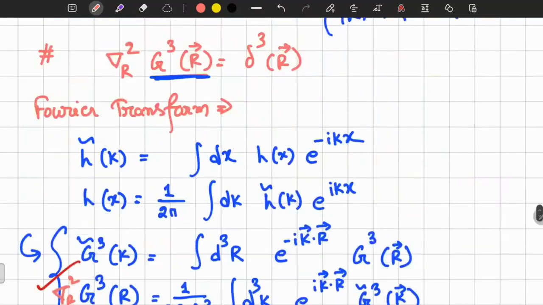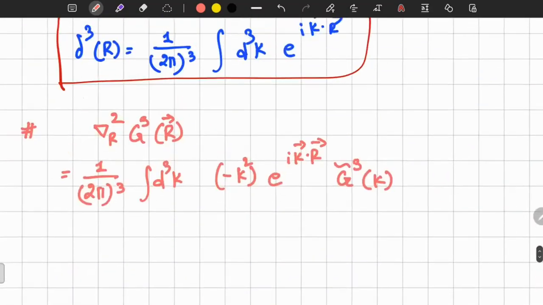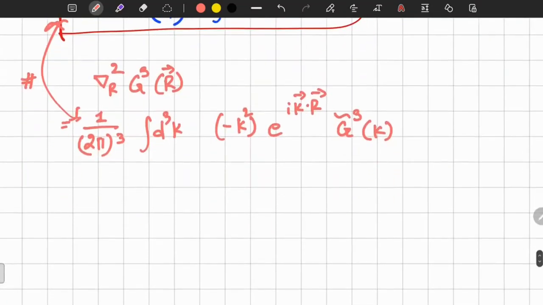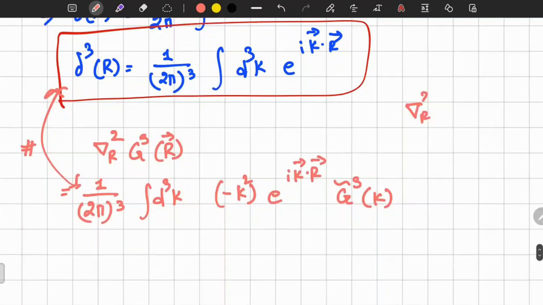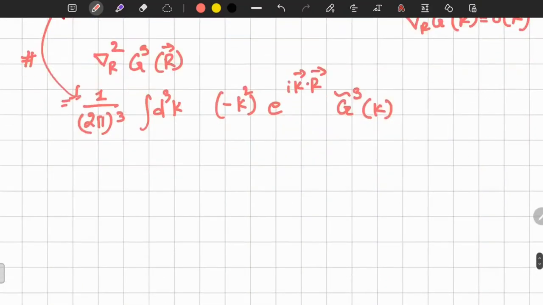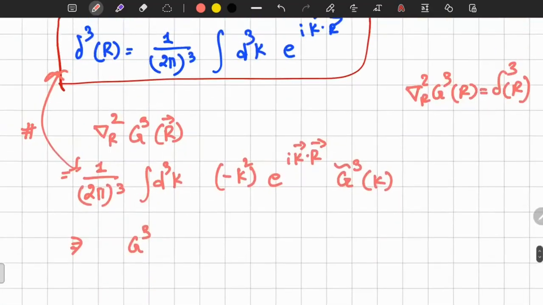Now we know that we have already written this equation. We have the form of the delta function part. Now we just have to make the equivalence between these two terms. These are equal: del r square G(r) equals our delta function of r in 3 dimensions. So if we equate these two parts, then we obtain that this part is this part.